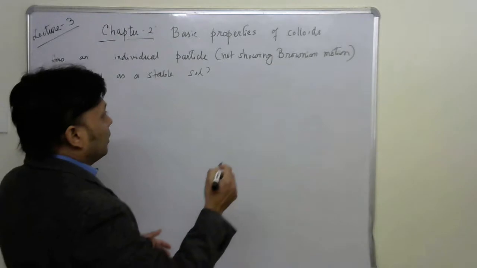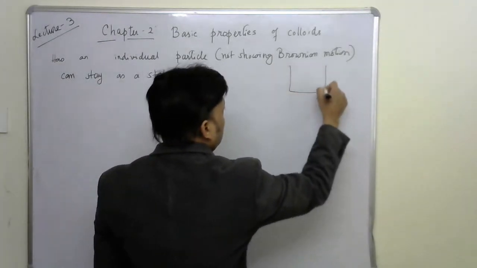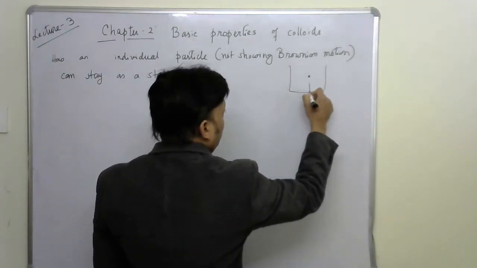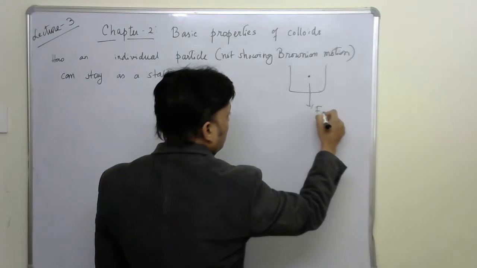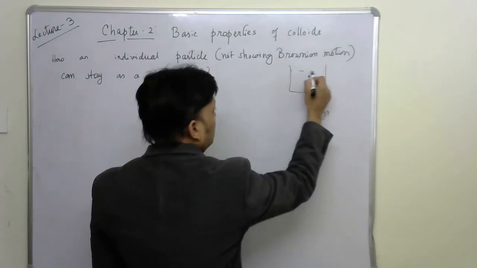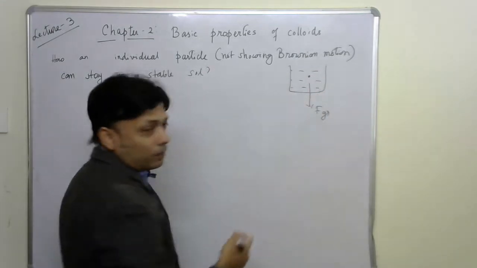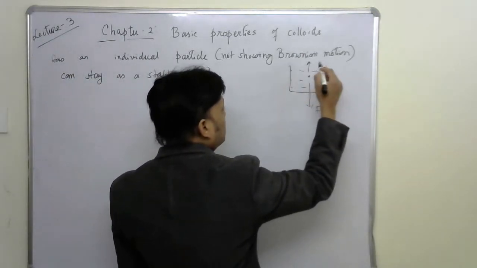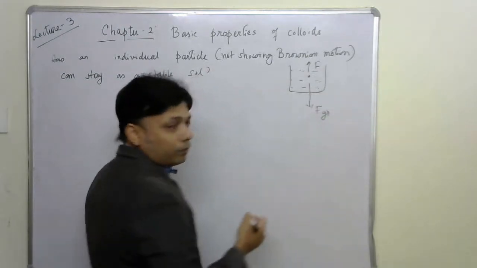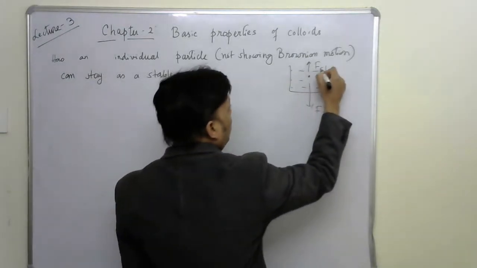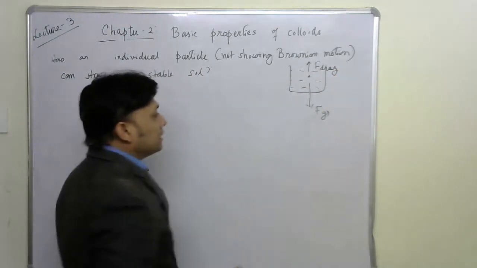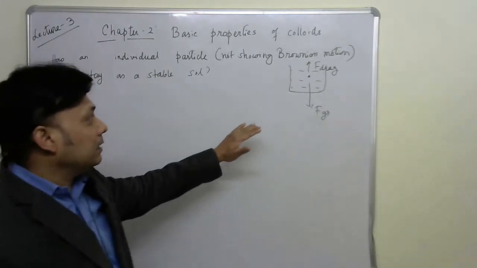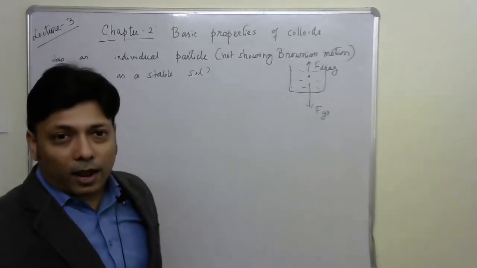So if we imagine that this is the particle and the gravitational force is pulling it towards the bottom of the container, so this force must be mitigated or must be balanced by some other force, and right now the only other force that we can think of, since this is in the liquid phase, is the viscous drag force.